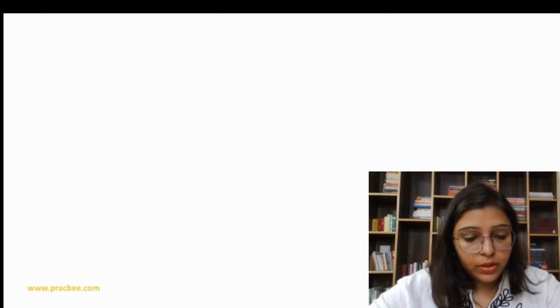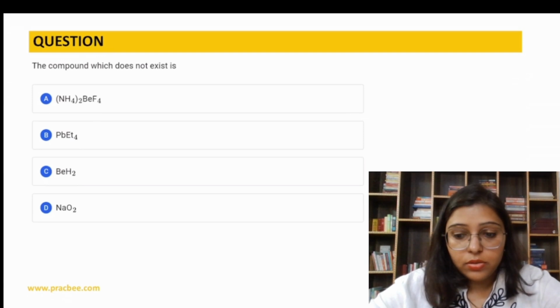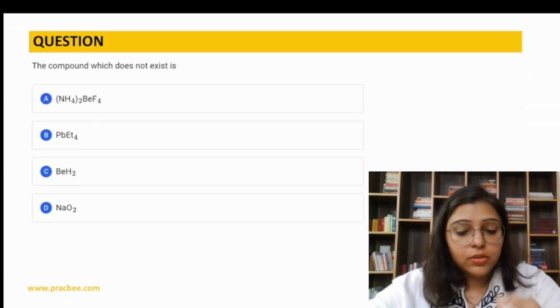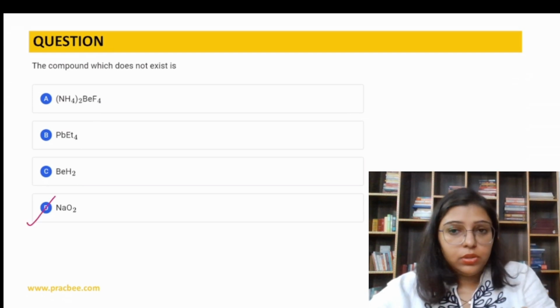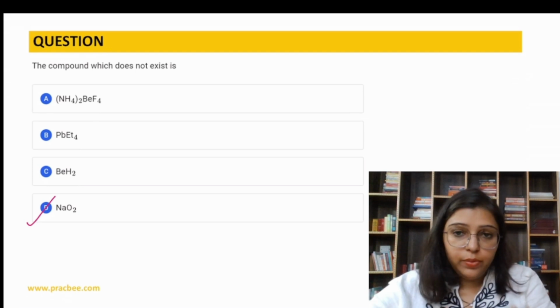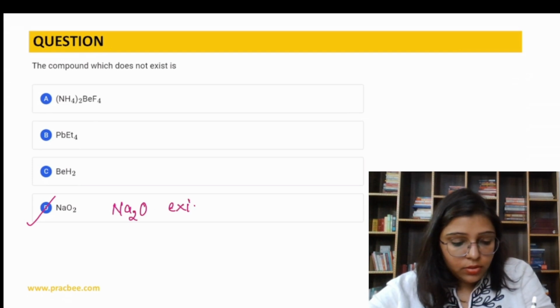Now, the compound which does not exist is... So the answer is NaO2, right? Because the sodium oxide which exists in nature is Na2O. It exists, right?